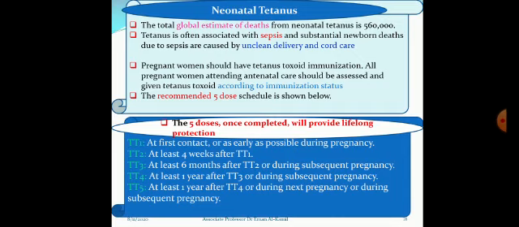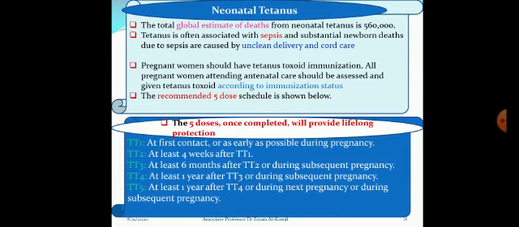So 2 doses are given during pregnancy. Then after 6 months from the second dose, they will give her the third dose, sometimes after delivery, or sometimes at the subsequent pregnancy. And the fourth dose is given 1 year after the third dose or during the subsequent pregnancy.